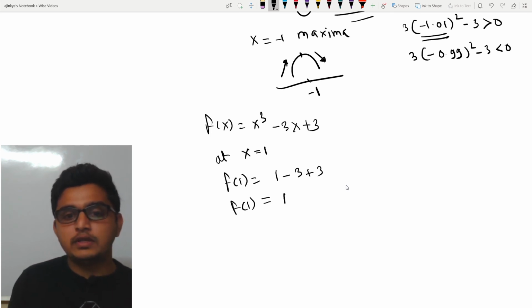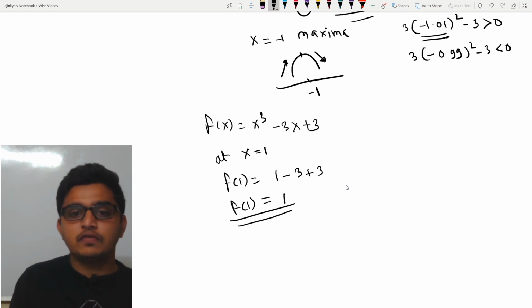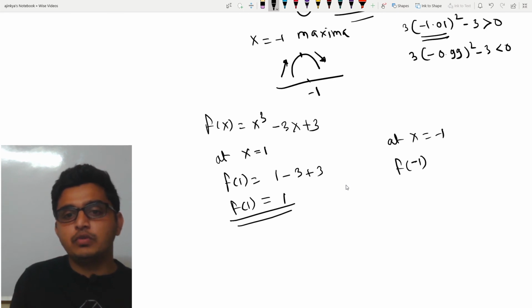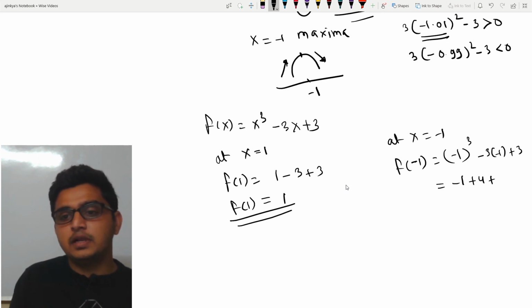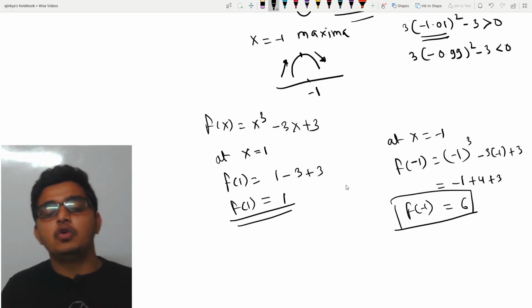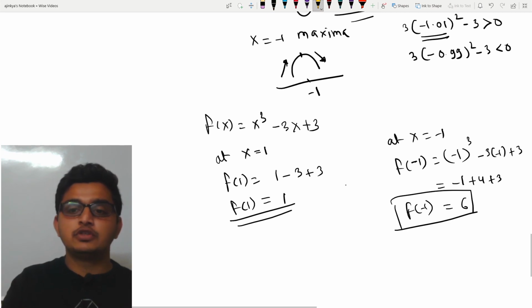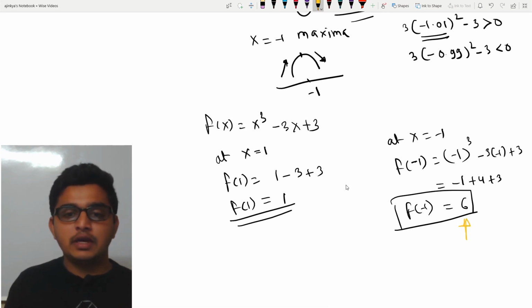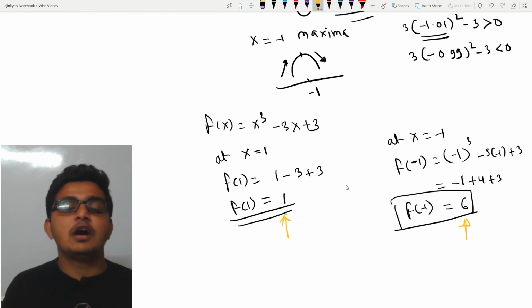So f of 1 is going to be 1. And at x equals minus 1, f of minus 1 is going to be minus 1 whole cube minus 3 times minus 1 plus 3. So here you have minus 1 plus 3 plus 3, which is going to give you plus 5. So your local maxima value for this function is going to be 5 and the minima is going to be 1. This is how you're going to find the local maxima and minima.